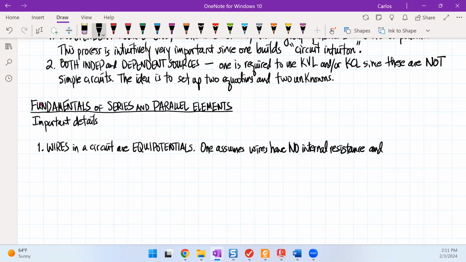And from this assumption, the voltage across wires is 0.